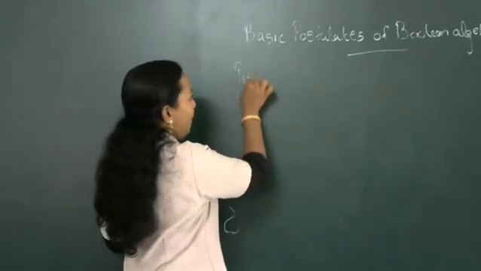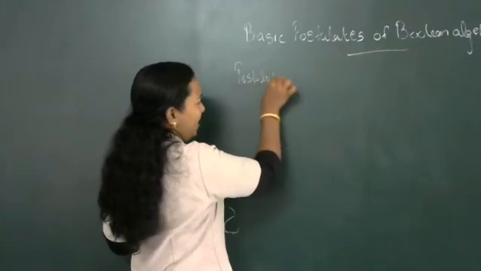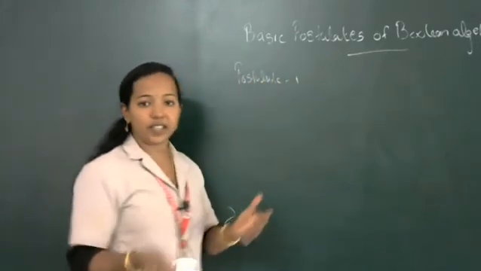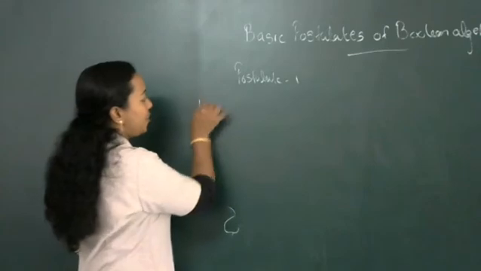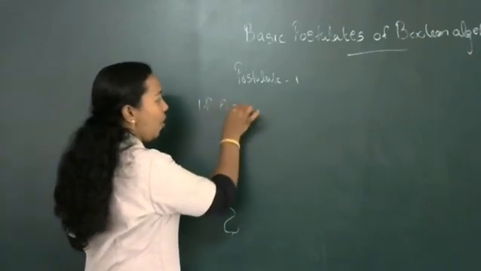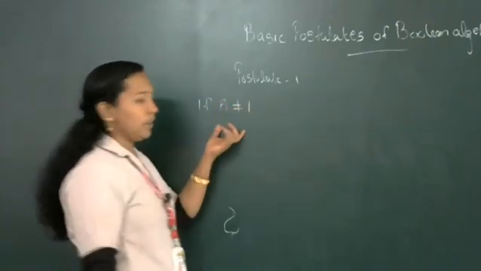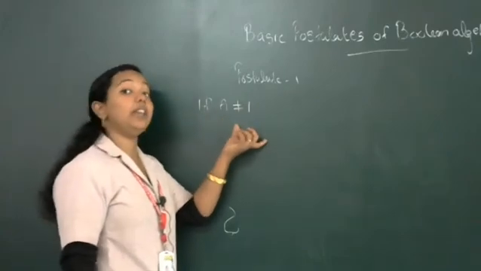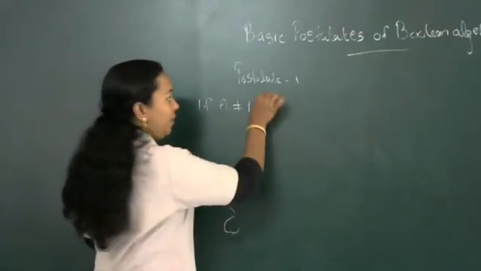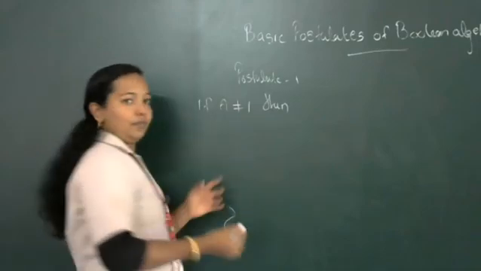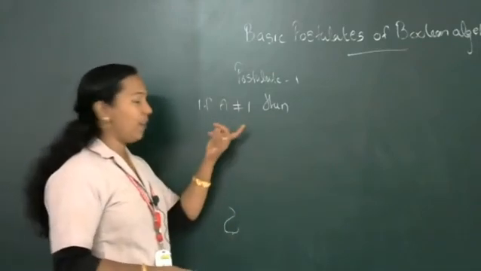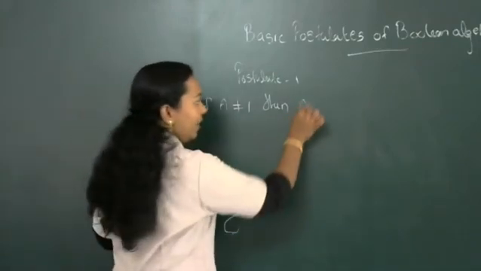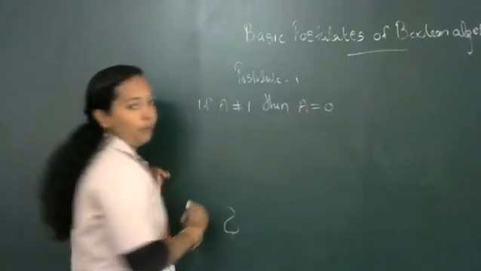The first one, postulate 1, or actually rule 1. The first rule is: if A not equal to 1, then what will be the value of A? Because we are using two variables. If A not equal to 1, then A equal to 0.